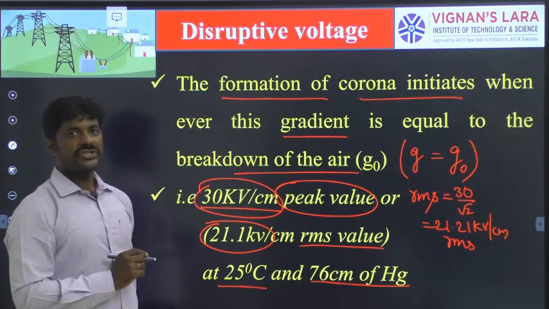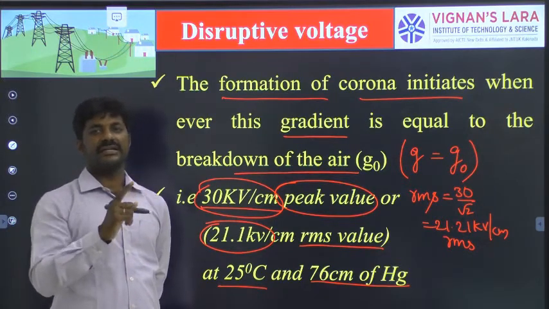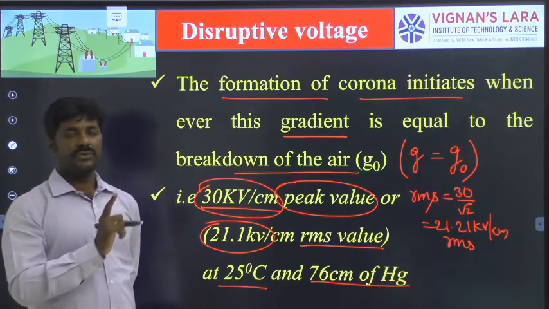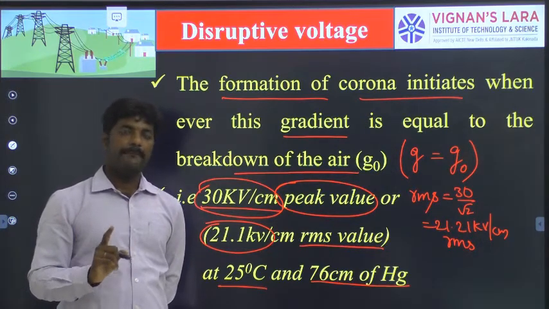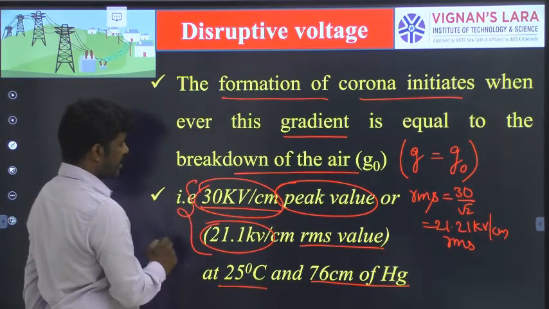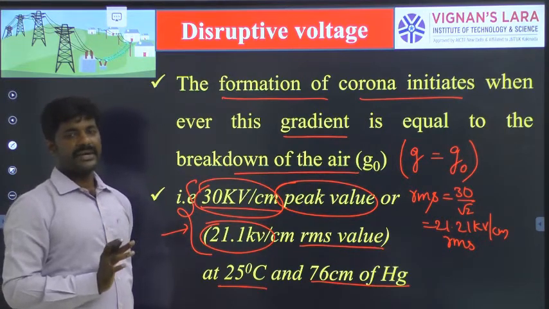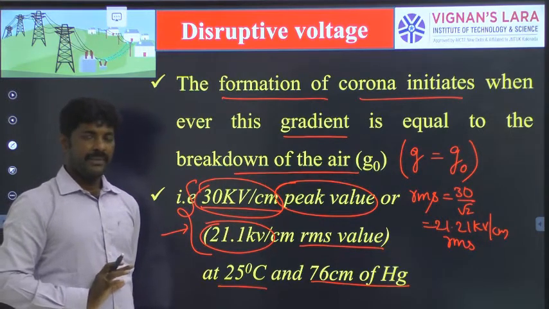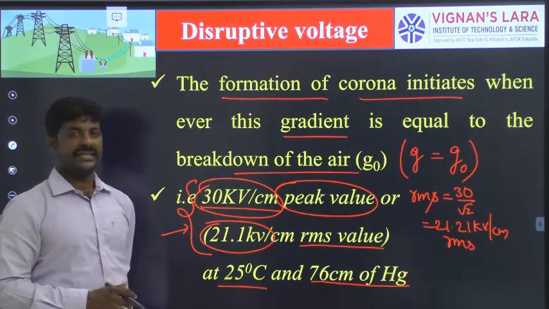The breakdown strength of the air is reached whenever the gradient on the surface of the conductor reaches 30 kV per cm peak value or 21.21 kV per centimeter RMS value. This dielectric strength of the air is defined at standard temperature and barometric pressure: 25 degrees centigrade and 76 centimeters of mercury.